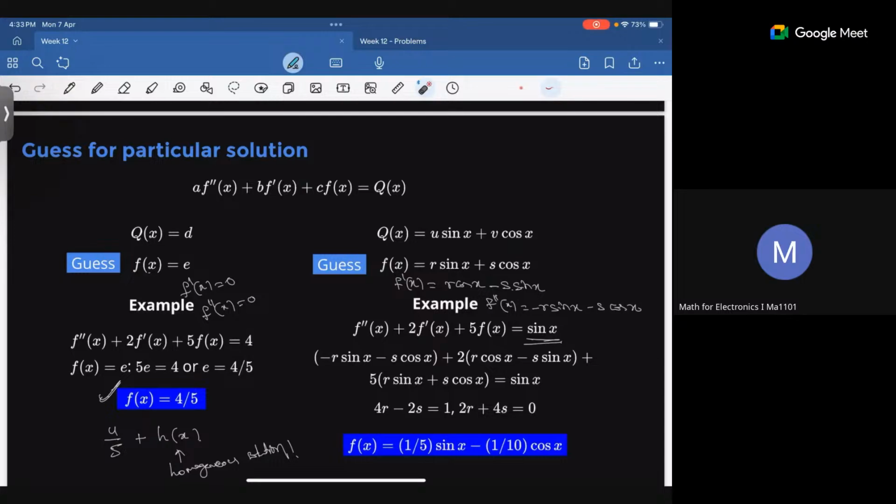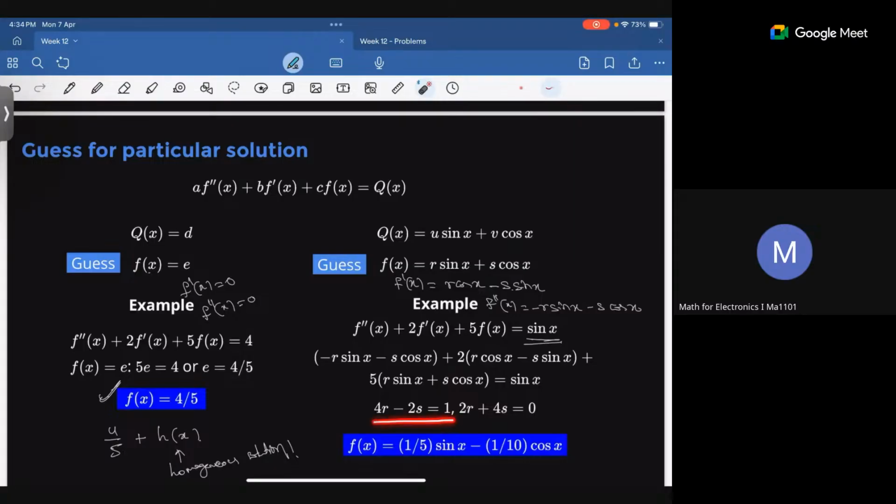Okay. On the left hand side, simplify and compare the coefficients. You have sin x on the right, and on the left you will have some combinations of r and s times sin x. You don't have any cos x term on the right, so the coefficient of the cos x term on the left hand side should be 0.